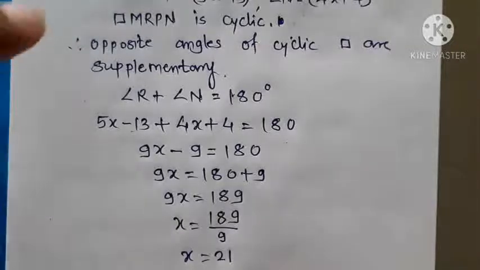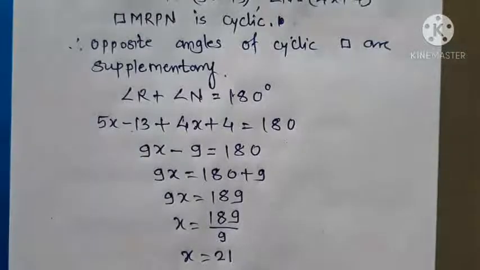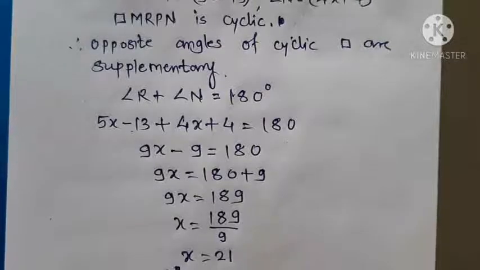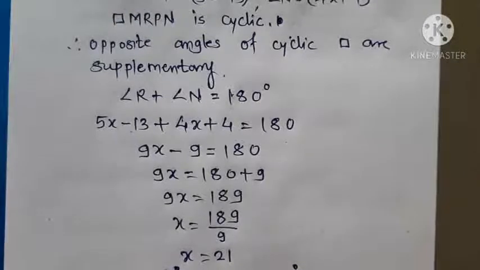Now, find the value of angle R and angle N. Therefore, measure of angle R is equal to 5x minus 13 degrees. 5x minus 13 degrees is equal to 5 multiplied by 21 minus 13 degrees. Therefore, is equal to 21 fives, that is 105. 105 minus 13 degrees.